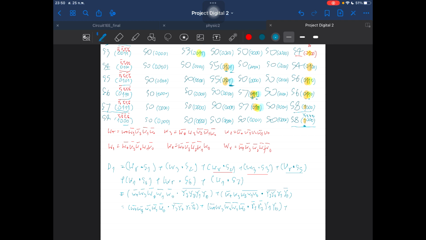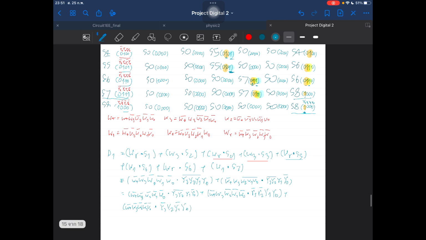The next equation is WR. And state 5 name is Y3 that, Y2, Y0.